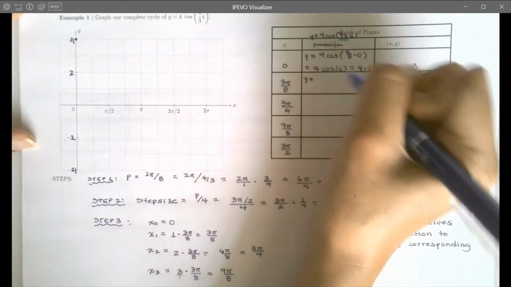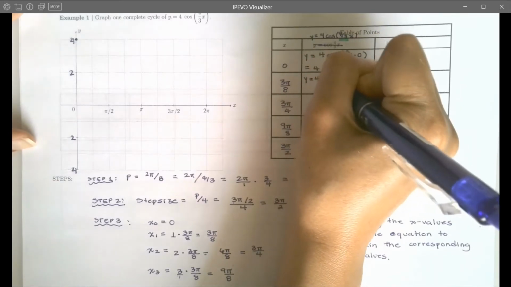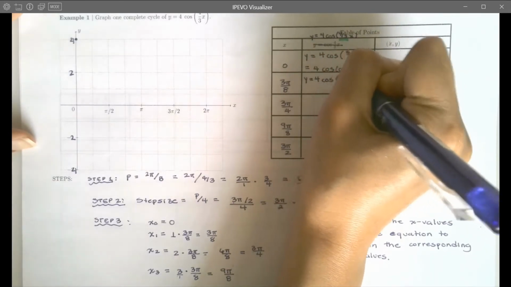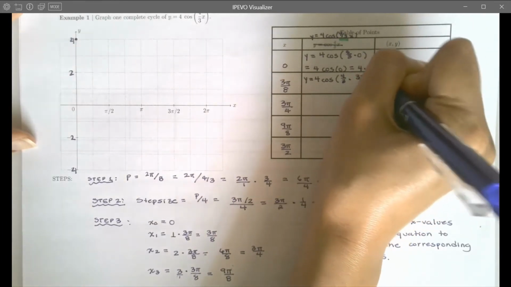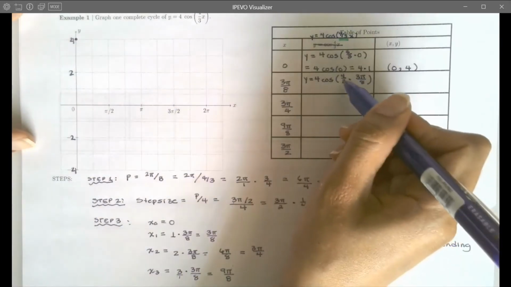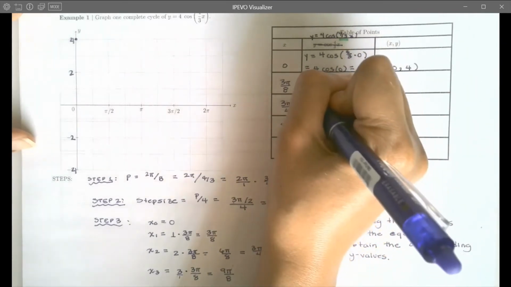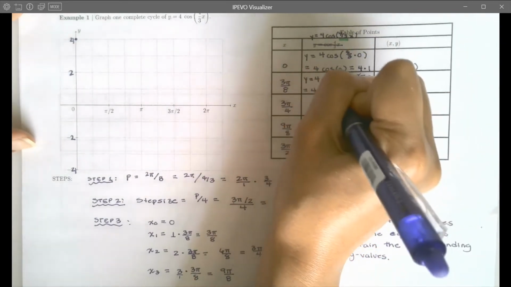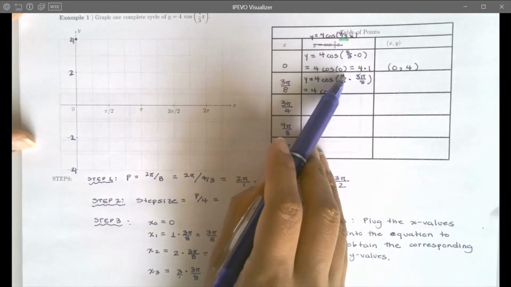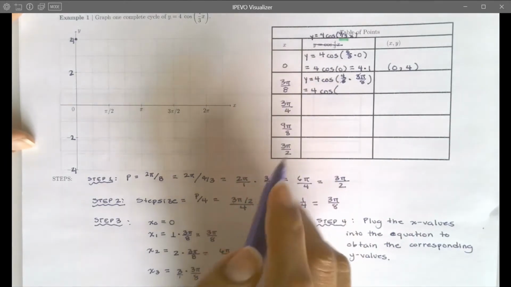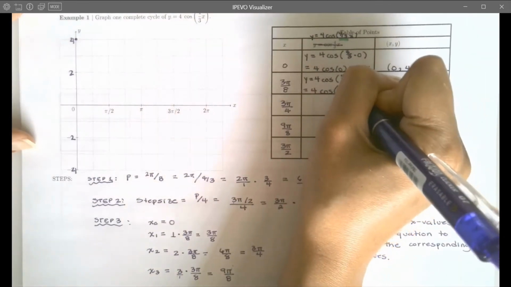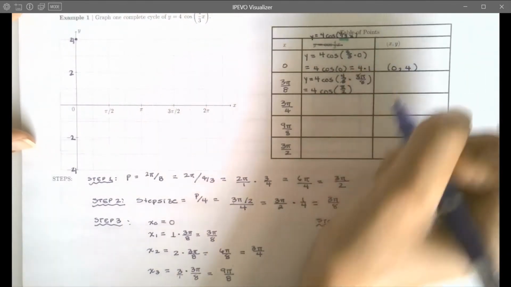Okay, next x value, we're going to get 4 times cosine of 4/3 times a 3 pi over 8. The 3's are going to cancel, and it's going to give us 4 times cosine of 4 pi over 8. But that's going to reduce down to a pi over 2.